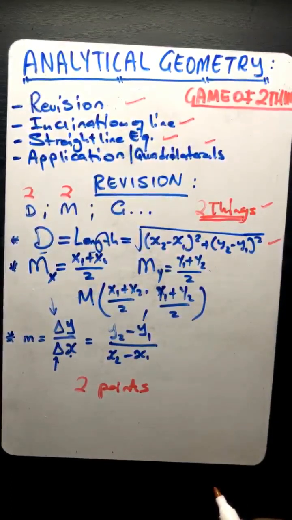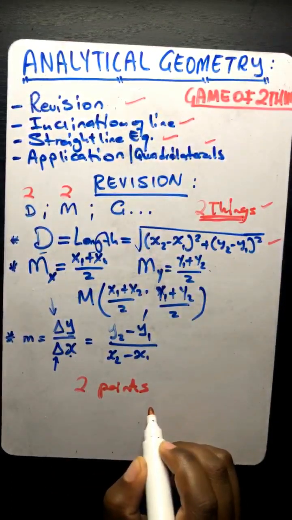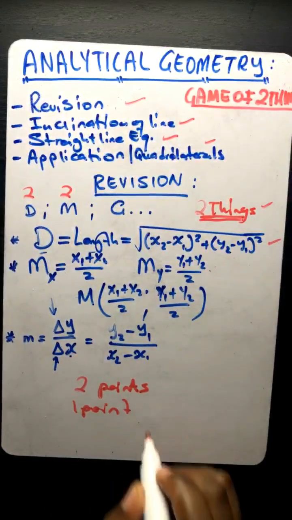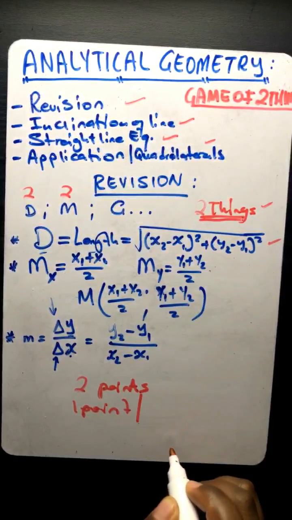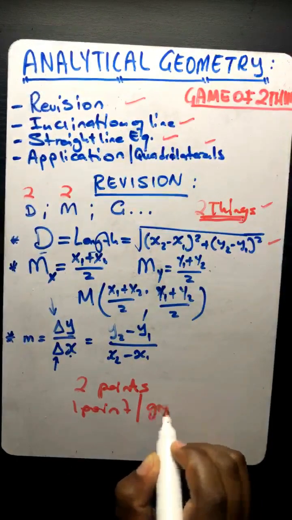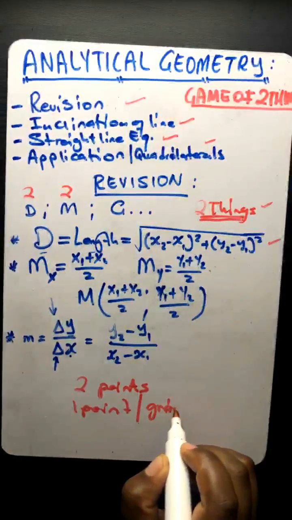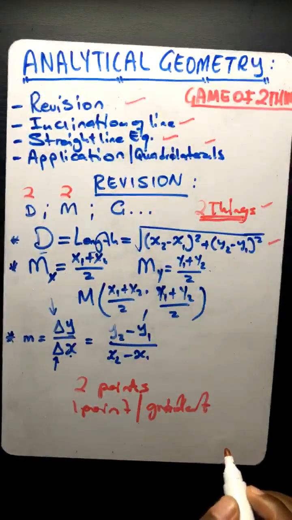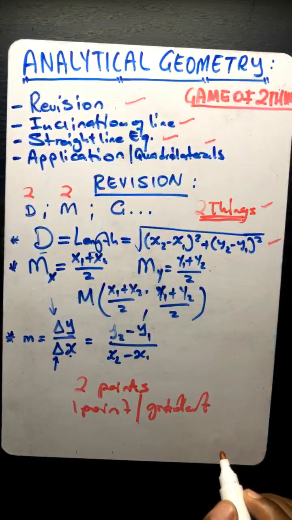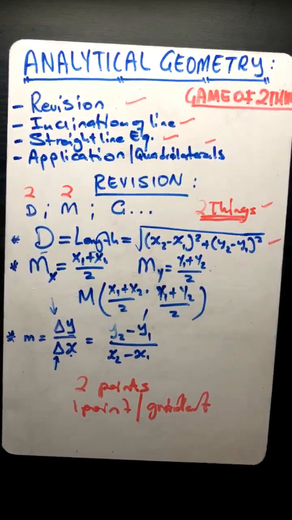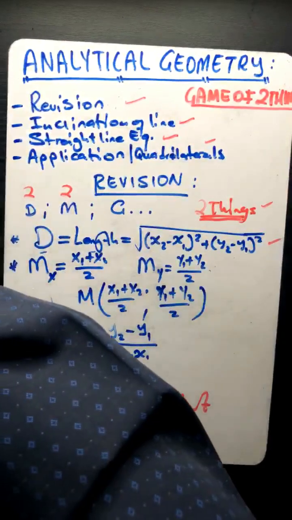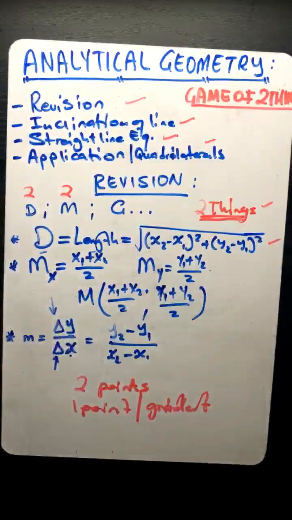So let's see. It's either you've got 2 points or otherwise you've got 1 point. And the moment you have 1 point, the other thing that you need is actually the gradient itself. So in that case, you might be using the gradient formula to determine a point. Massively important, ladies and gentlemen, that at all times you pay full attention to details.